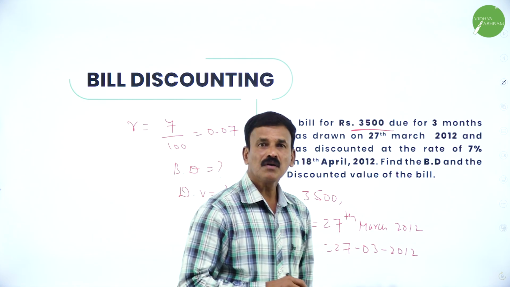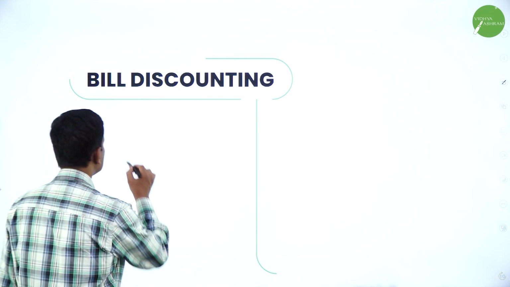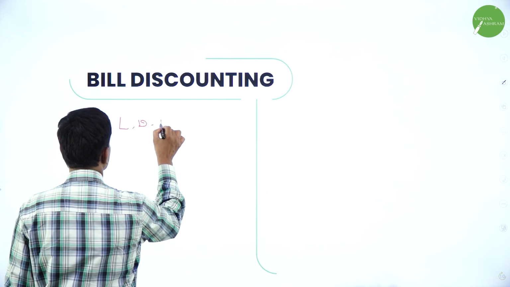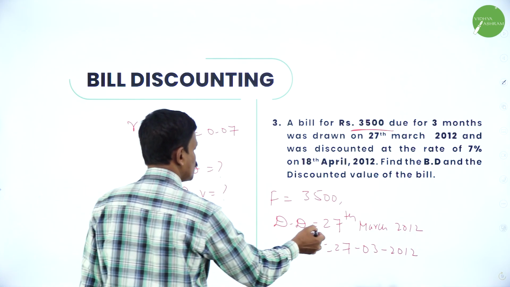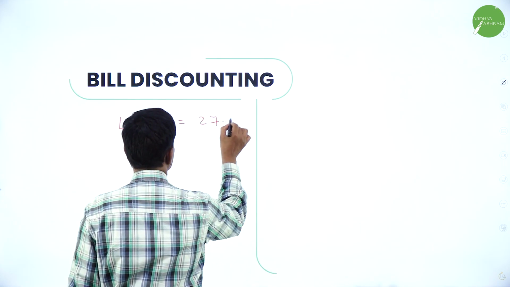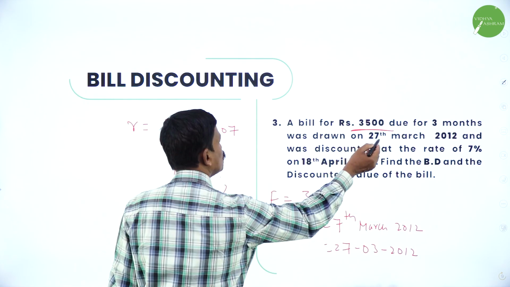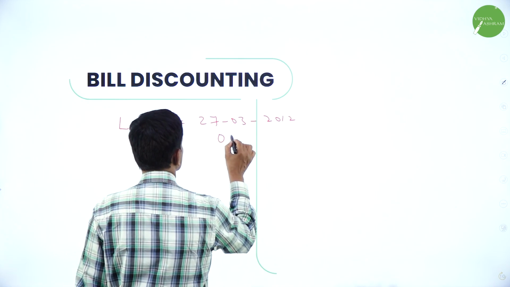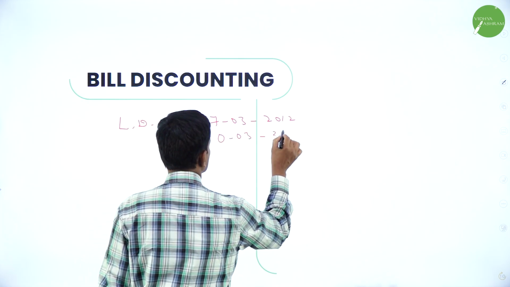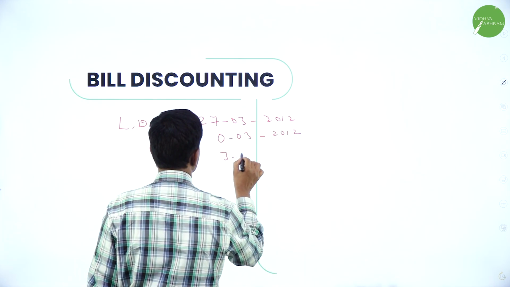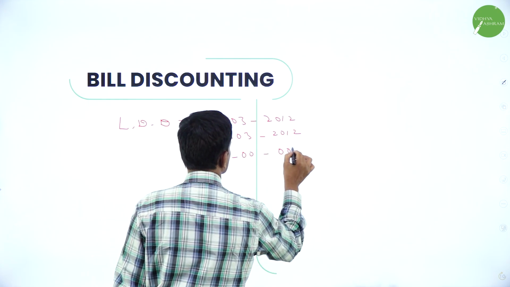That's it. Now first find out the legally due date. So what is the due date? 27/03/2012, due for 3 months. 3 months means 06/2012, and the grace period of 3 days.